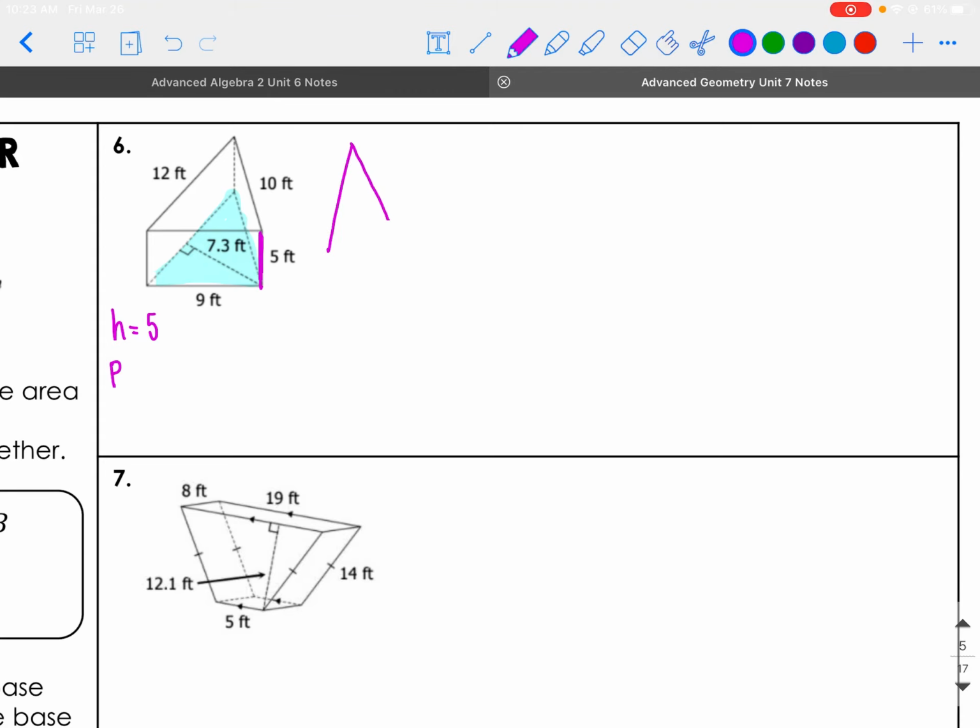The perimeter, 9, 10, and 12. So perimeter is 31. And the area of the base, the area of the triangle, would be half times 12 times 7.3. Which is 43.8.